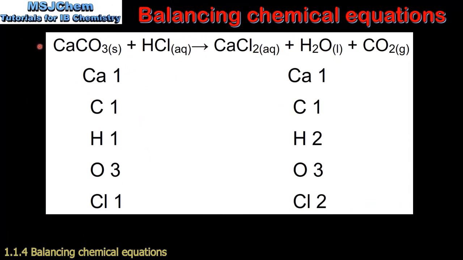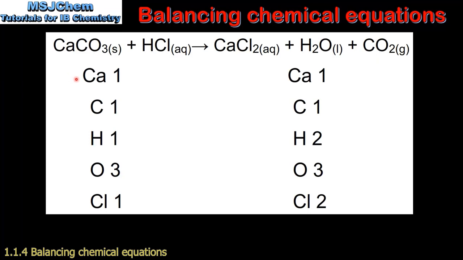In our next example, we have the unbalanced equation for the reaction of calcium carbonate with hydrochloric acid to form calcium chloride, water, and carbon dioxide. So once again, to balance the equation, we need to count the number of atoms in the reactants and the products.